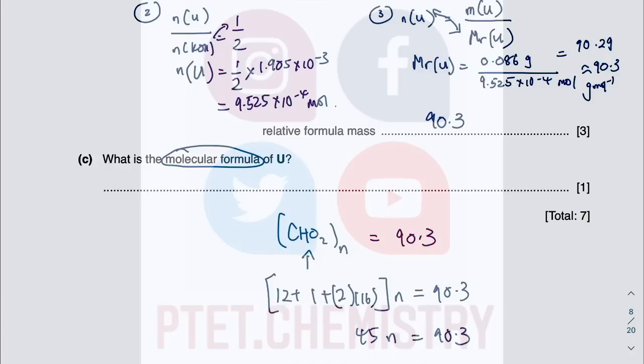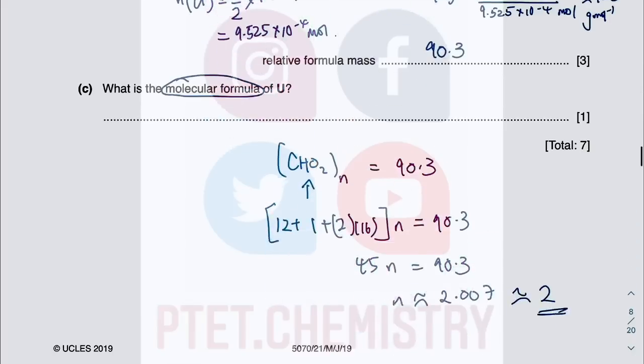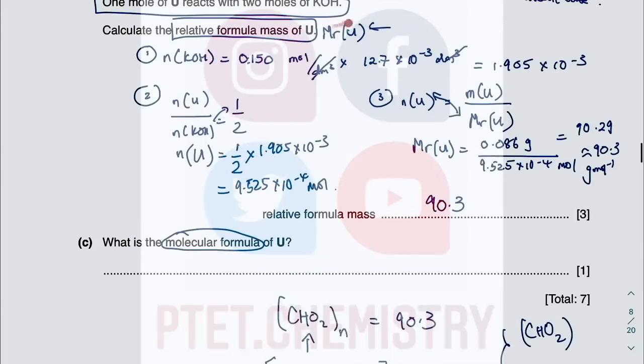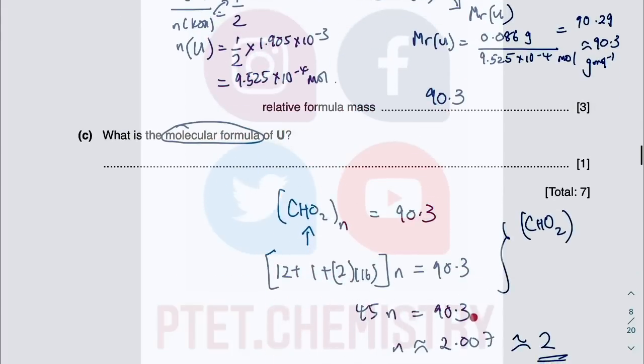I can immediately tell you n is going to be roughly 2, but because there's a 0.3 there, that's a bit annoying. They wouldn't give you a perfect whole number, but you will still get something like 2.007. You know it's a whole number because, in terms of molecular formula, you need to be a little bit more sensible. These are experimental results. Of course, there's bound to be a little bit of error.